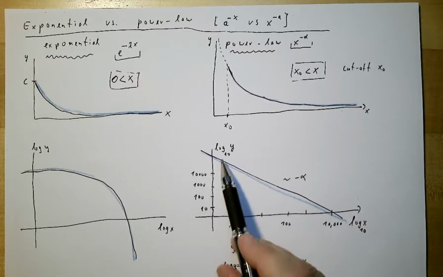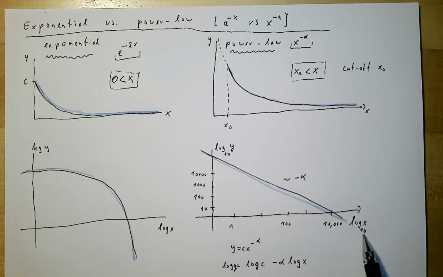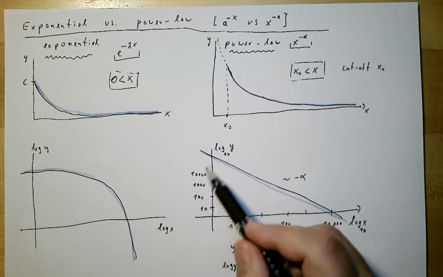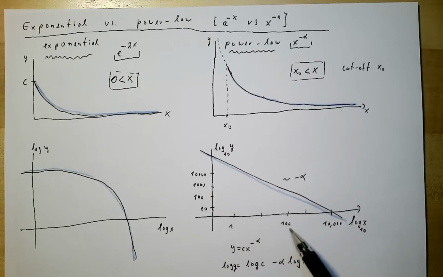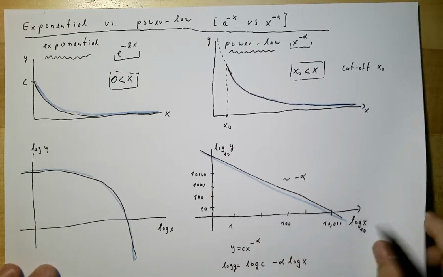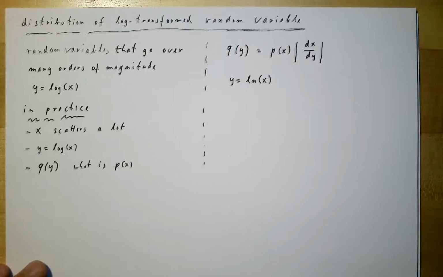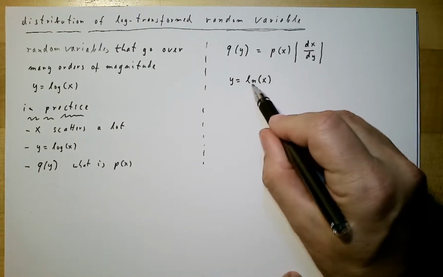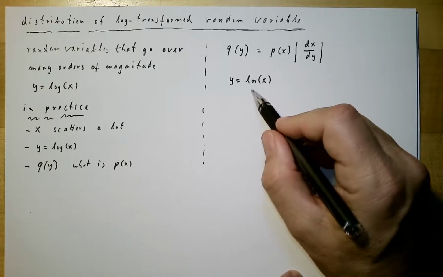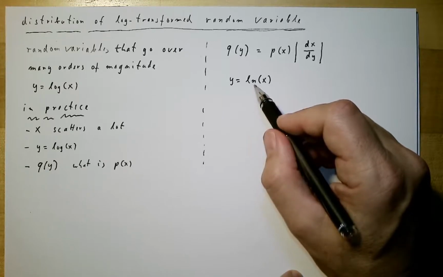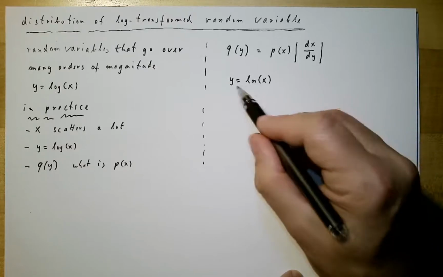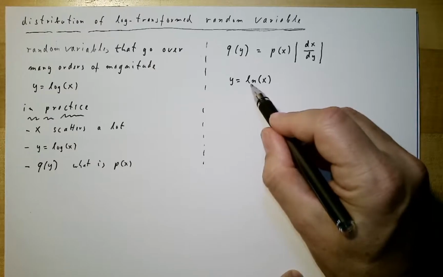So taking the logarithm log 10 helps a lot in plotting data because we directly see the value of a number. So in a log-log plot I usually take log 10. But now in this calculation here it's really important that you take the natural logarithm, and this means maybe later for plotting I have then to transform this back to a log 10. But now we assume our variable transform is a natural logarithm.